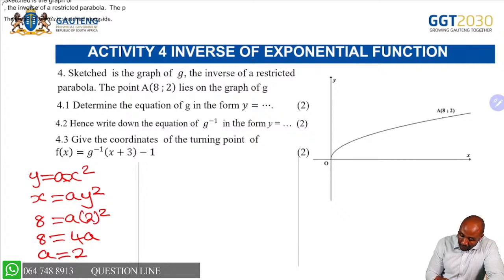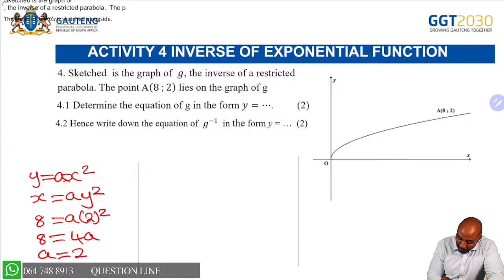So, moving forward, we have to determine the equation in the form y equals. Using that, our equation will be given by y is equal to, we want the equation of the inverse function, the original equation.